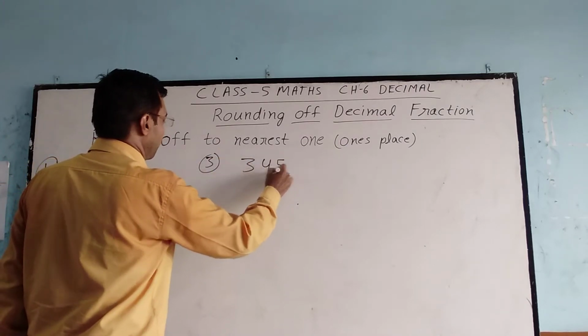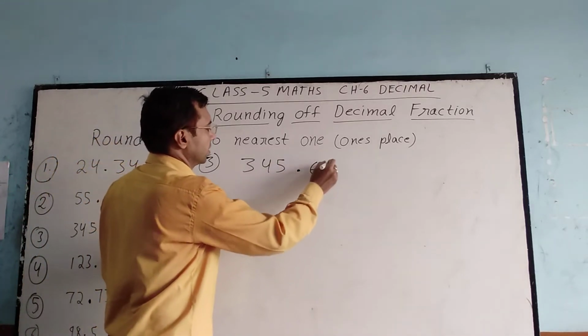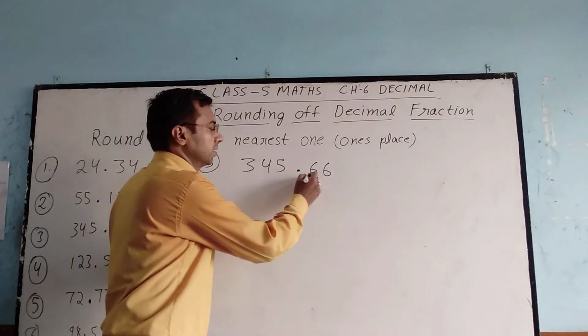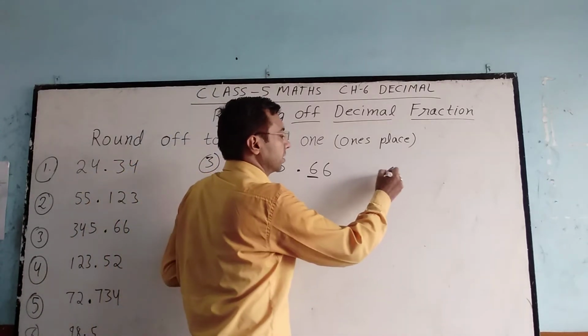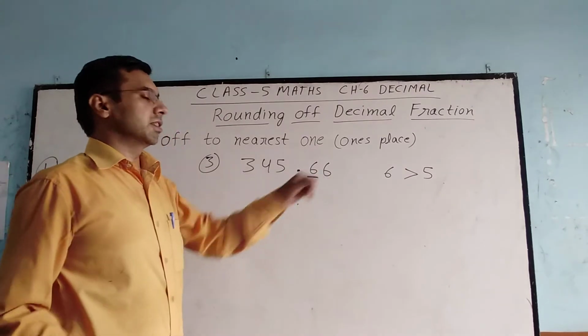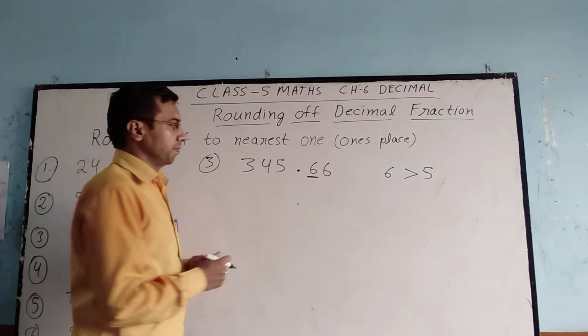Next, 345.66. Now students, here the 10th place digit is 6. 6 is greater than 5. So what to do, students? Very easy.